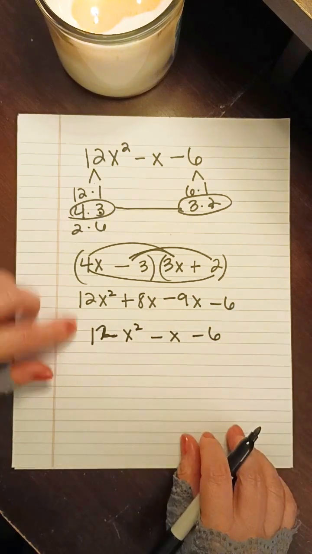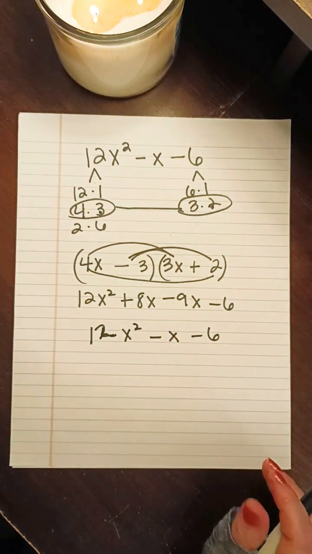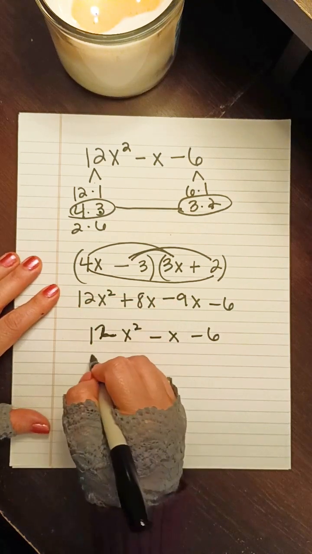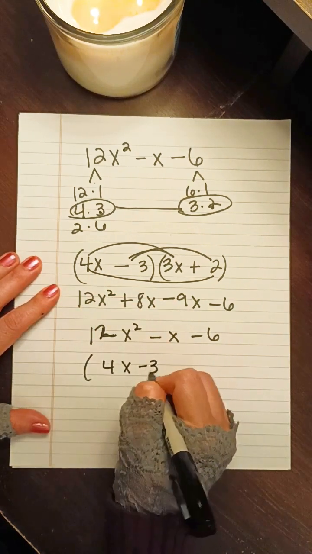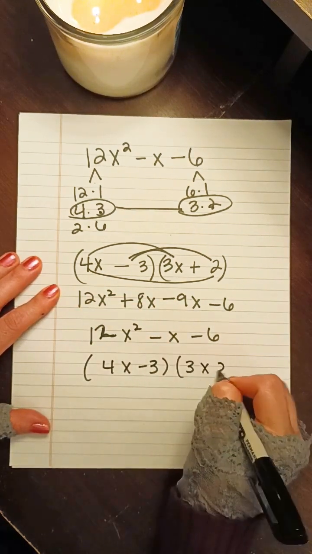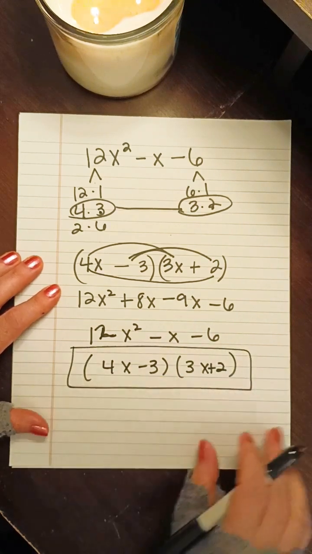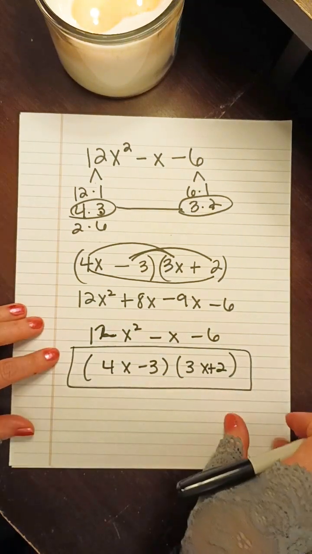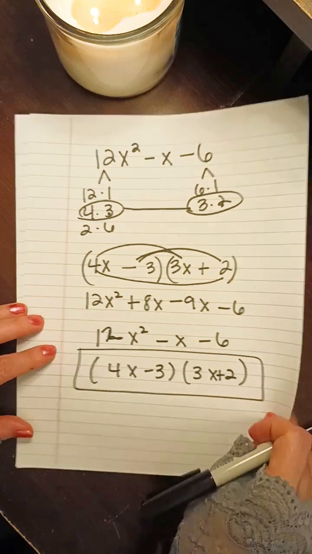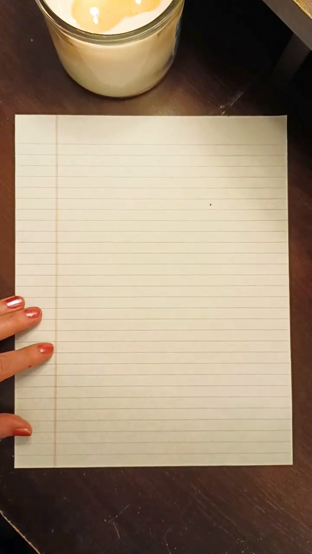And that is our original quadratic. So those are our two binomials. These are the two factors of this quadratic. They're pretty easy. We'll get the hang of it pretty quickly.